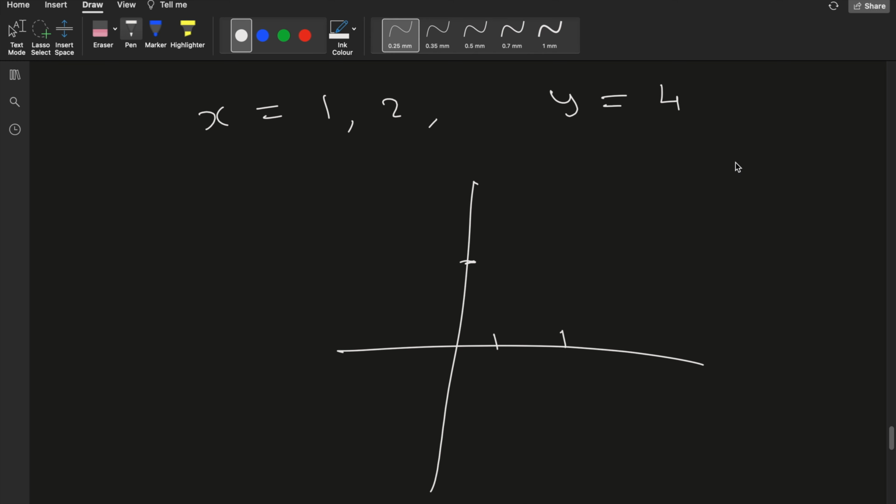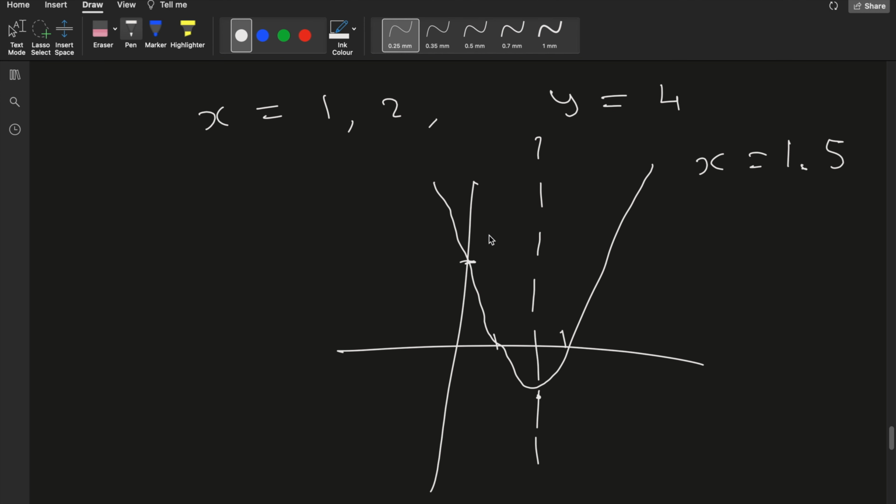We know that the axis of symmetry here would be 1.5, because it's right in between, the sum of the x-intercepts divided by 2. You'd also have to find the vertex, and you'd probably get something like this, and you'll just have to connect them. Something like that. And this should be symmetrical to this. So that's our final answer.